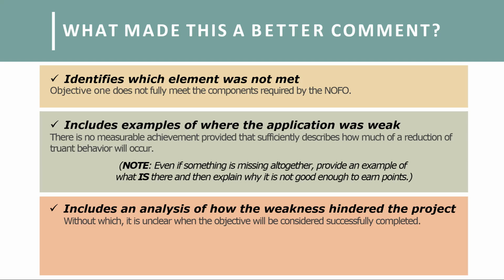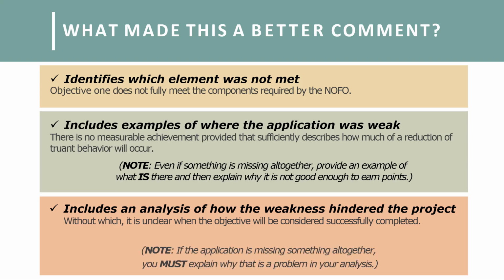In this example, the panelists provided the analysis that there isn't enough information to understand how truant behavior will be measured, nor when the objective will be considered successful. So again, provide an example of what is there, and then explain why it is weak or insufficient to earn points.